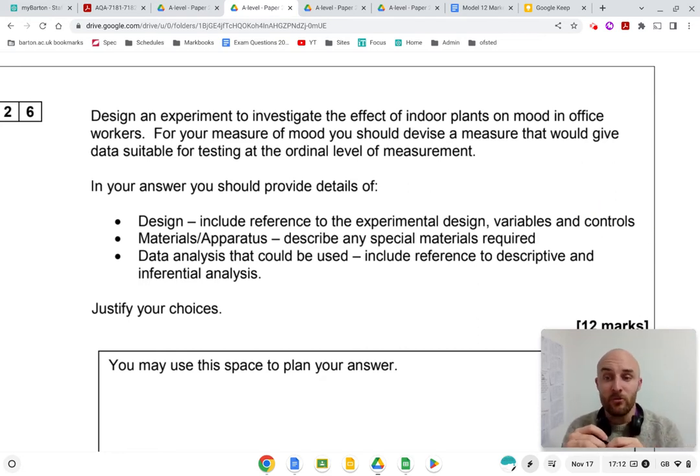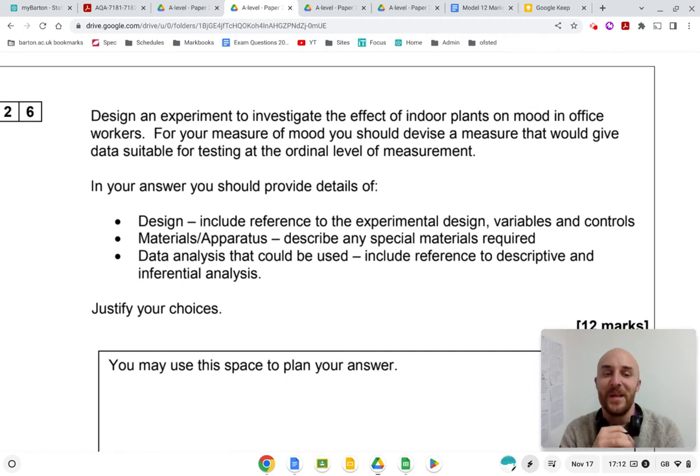So experimental controls, you're looking at standardization, randomization, random allocation, or counterbalancing. You'd maybe have to pick one of those 4 to demonstrate how you would control for these variables. You need to describe any special materials required, and obviously that is your measure of mood in this case.